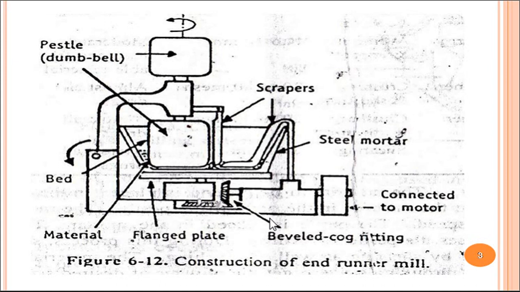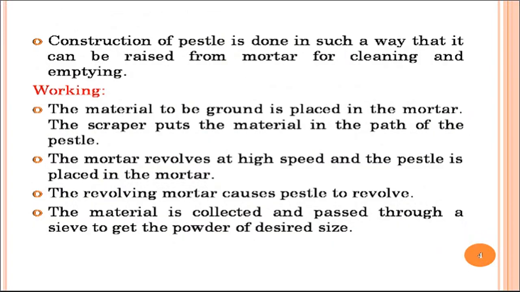The piston is built in on both sides, so the axle will rotate along the radial circumference, and each and every piston will come in contact with the steel motor, causing compression, attrition and impaction, and will break down your particles to such an extent. So the construction is very easy.